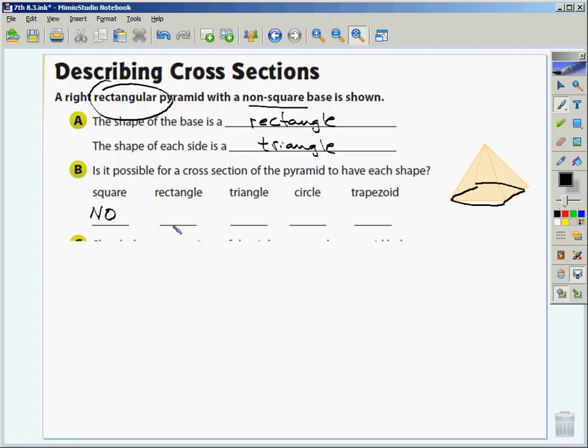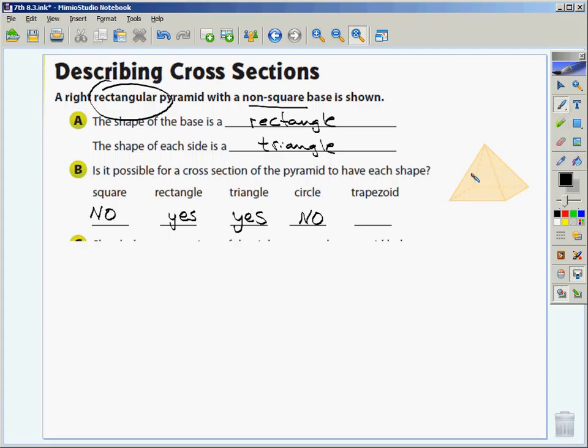Is it possible to get a rectangle? Yes. Yes, in fact, I could get lots of them. Is it possible to get a triangle? Yes. I can see the triangles on the side. Is it possible to get a circle? No. Okay. And I can get a trapezoid.